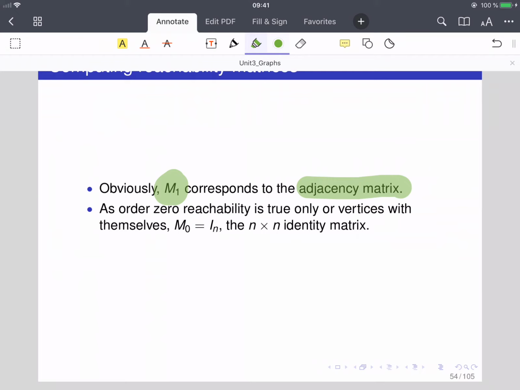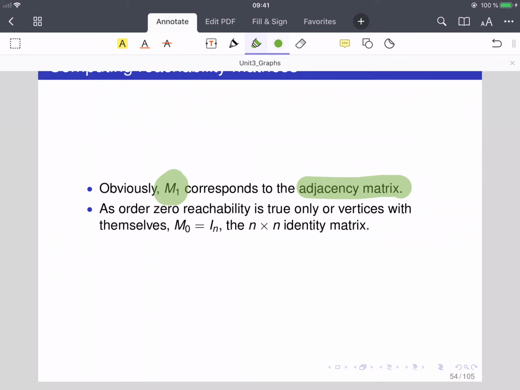But an edge is exactly a path of length 1. So the adjacency matrix has a 1 in position i, j if there is a path of length 1 from vertex i to vertex j, and that is exactly the definition of the one reachability matrix. So at least we know how to compute one of these matrices.